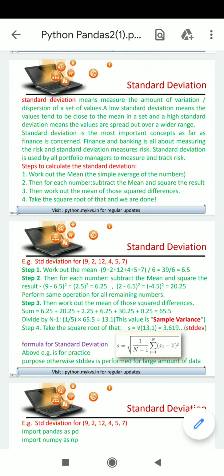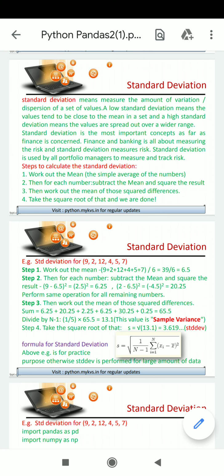So if we are trying to find out how much difference there is between these values, that is possible with the help of the standard deviation function. We can do it mathematically. First we will learn how we can do it mathematically, then we will do the same functionality with the help of the Python Pandas STD function.